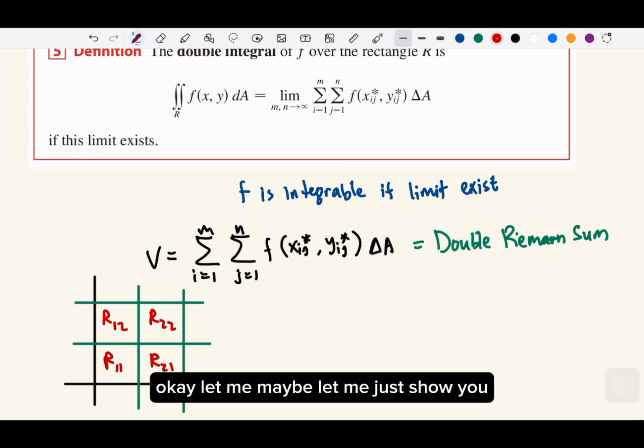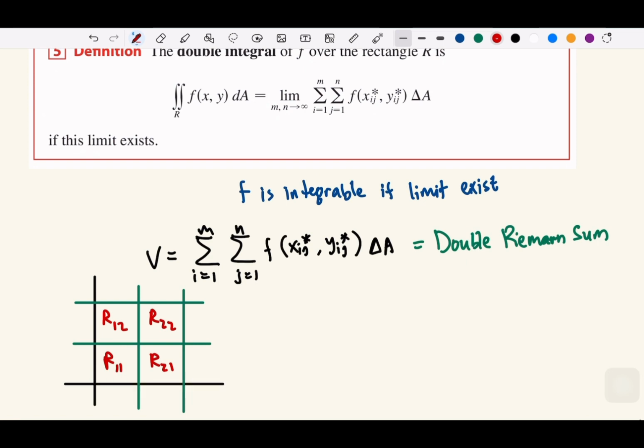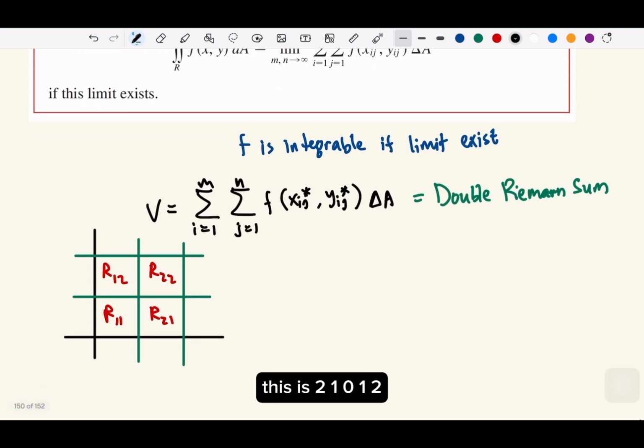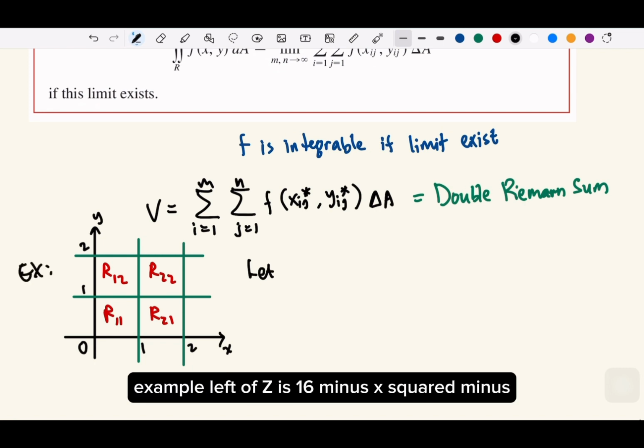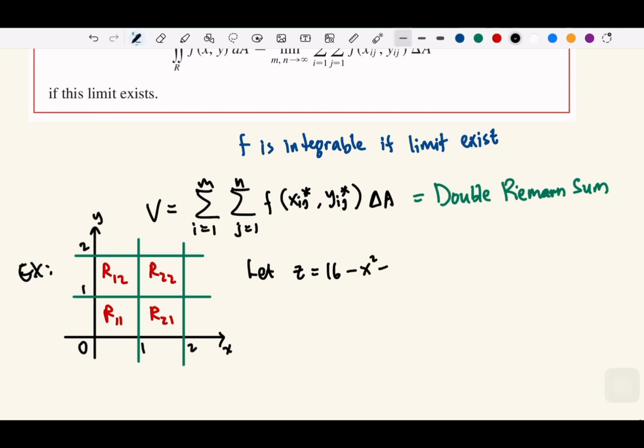For example, let me just show you. Here this is 2, 1, 0, 1, 2. This is y, x. So this is the R. This is an example: let z be 16 minus x squared minus 2y squared.